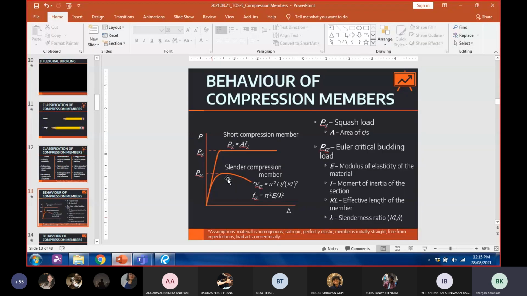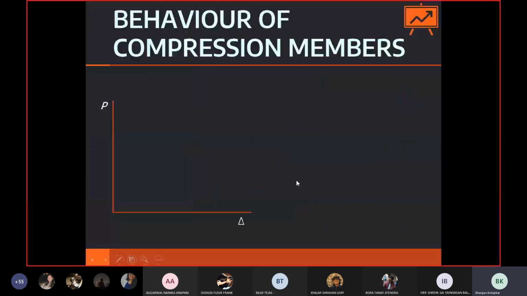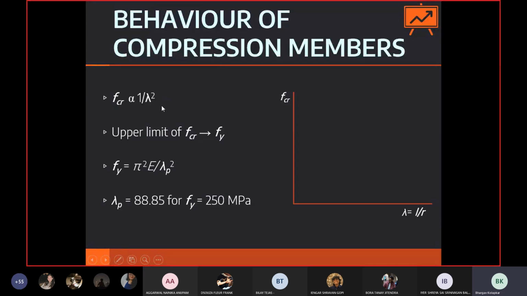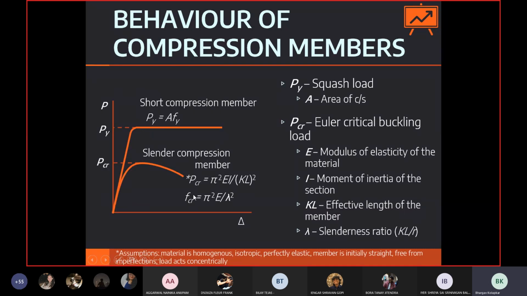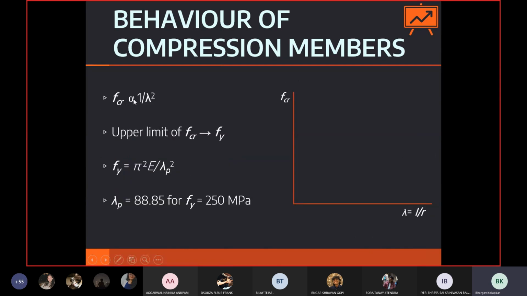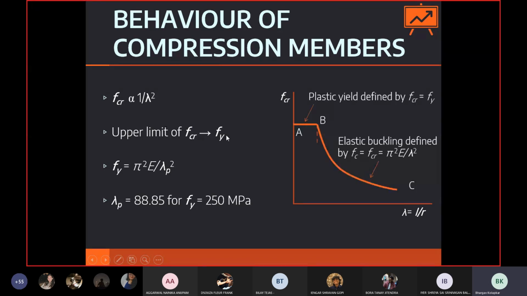So let us go back to that graph. From this formula, I'll explain this again. It is clear that pi is constant and E is constant, so FCR is inversely proportional to lambda square. But there's always an upper limit of FCR, which is Fy. If we merge these two curves, we get a final curve which looks like this, ABC.